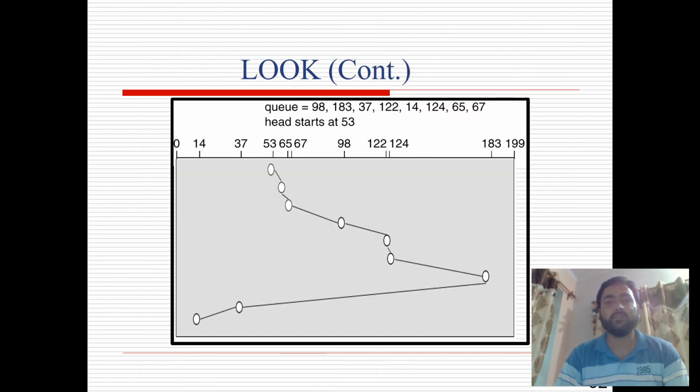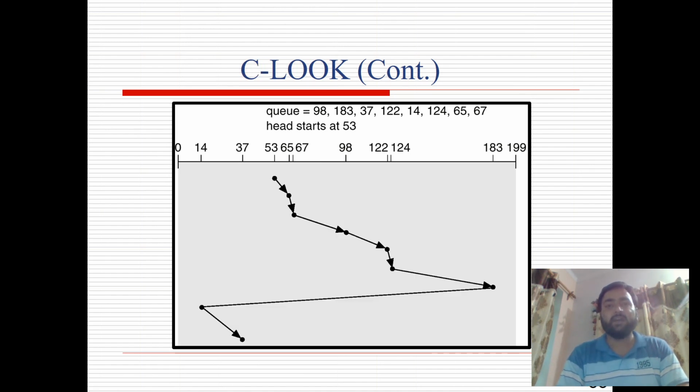So this is the LOOK algorithm, which is the same as the SCAN algorithm, but you can see that after the head movement at the 183 position, it directly moves back to the other request without going to the end of the disk. So this is the reduced overhead in the LOOK algorithm as compared to the SCAN algorithm. And the same is true in the C-LOOK algorithm.